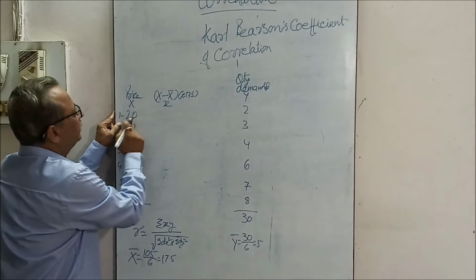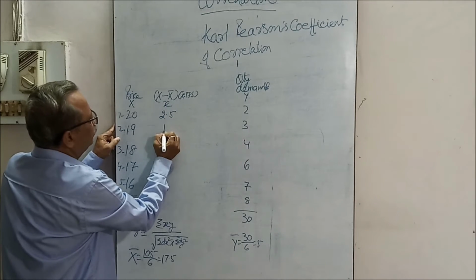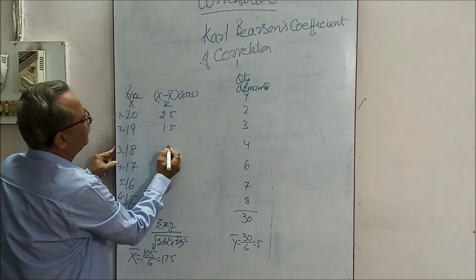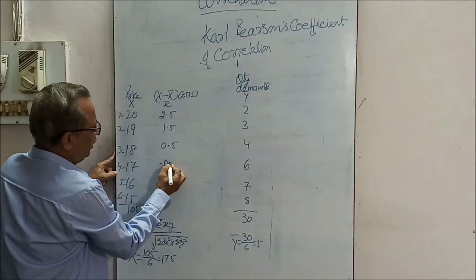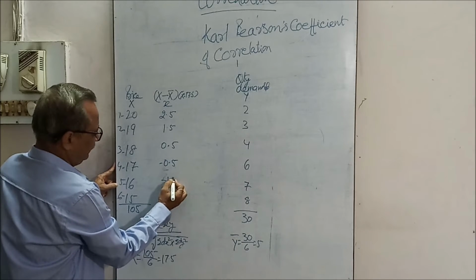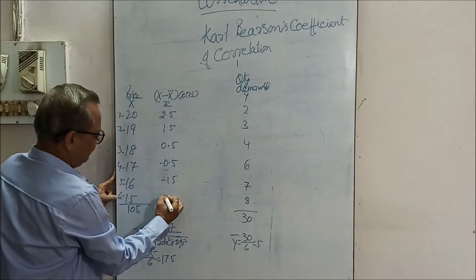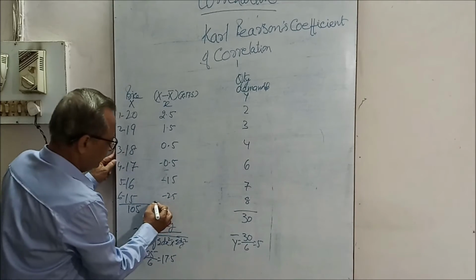Find it: 2.5, 1.5, 0.5, minus 0.5, minus 1.5, minus 2.5. This is called x.